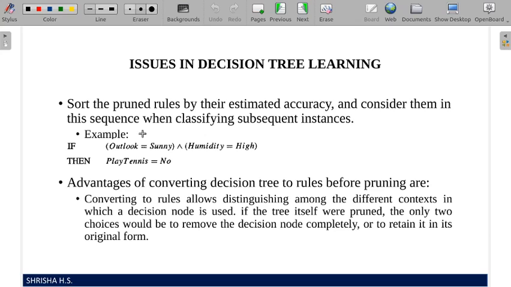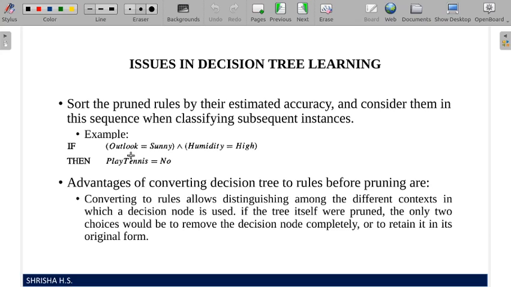There are two preconditions here: outlook equal to sunny, humidity equal to high. If that is the case, then play tennis is no. Then remove outlook equal to sunny and check whether only humidity equal to high is enough for classification. Or remove humidity equal to high and check whether only outlook equal to sunny is enough for the classification of play tennis.